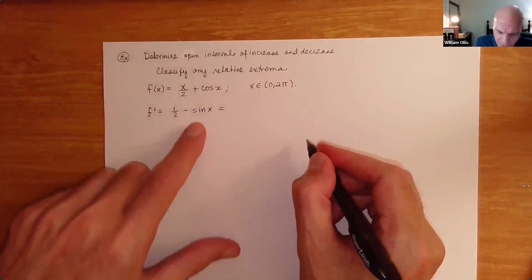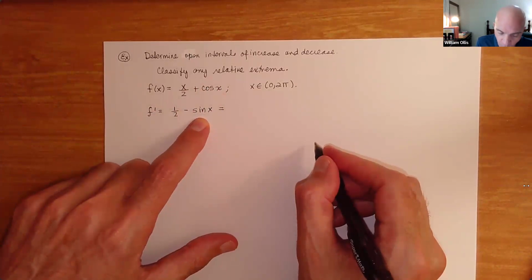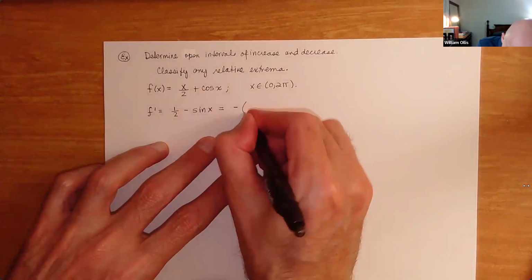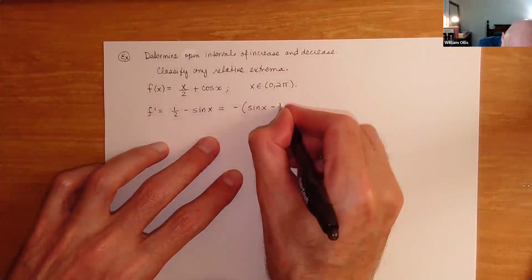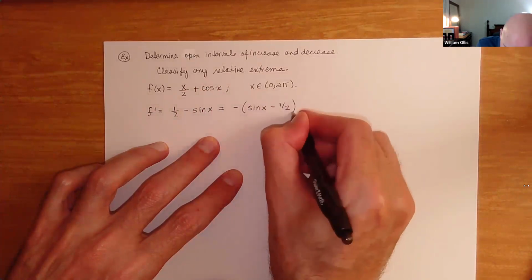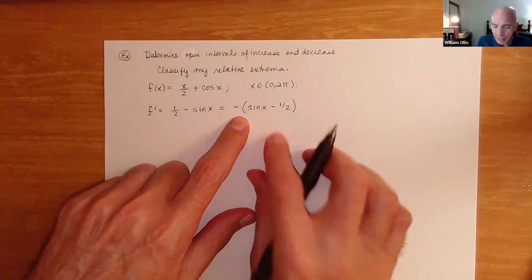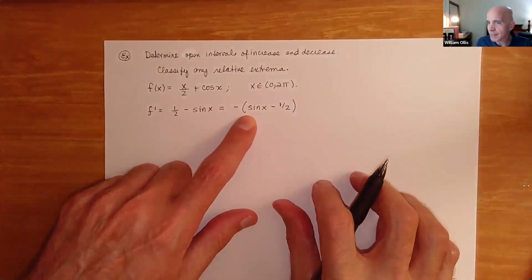Now, if you like, you can rewrite this in a way that's a little bit more user-friendly. We can factor the negative. We could say negative sine x minus 1/2, like that. Now, of course, if you factor things to make them look better, then you can't forget the negatives you factored, because that will affect the sign.